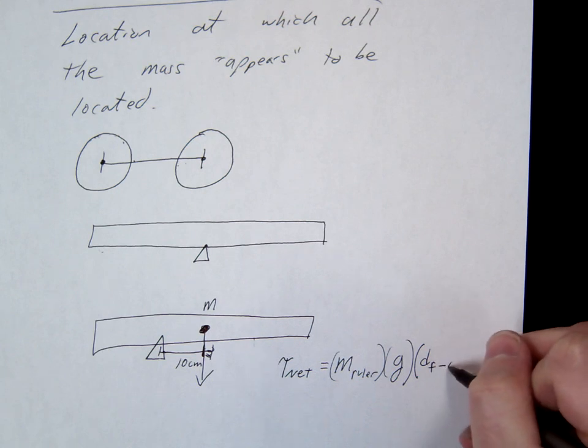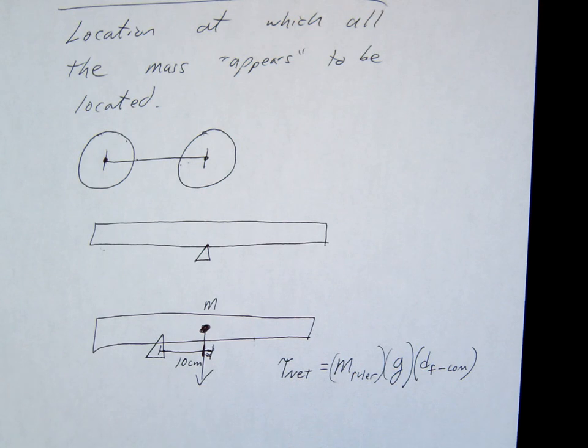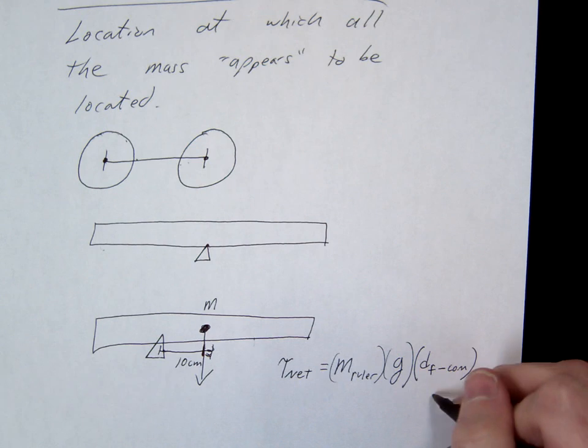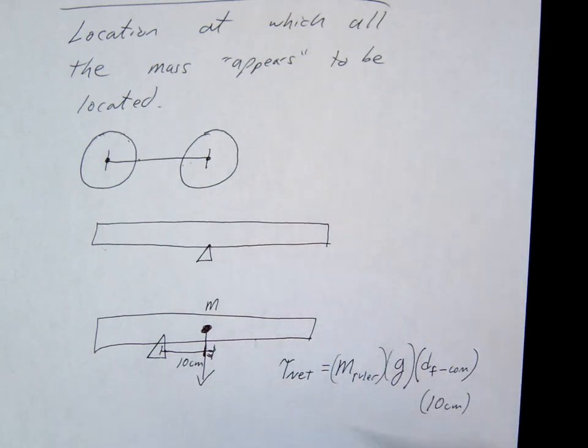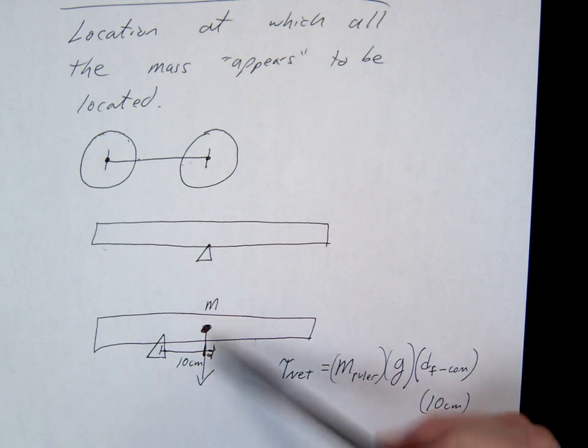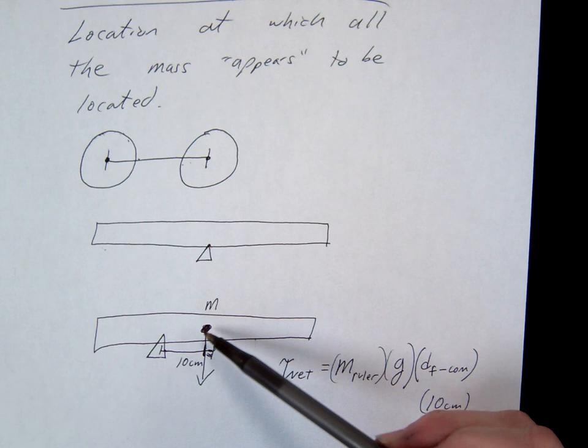Fulcrum to COM. Which in this problem I just gave you would be 10 centimeters, right? So we could say, okay, there's a torque due to the ruler located right at that center point.